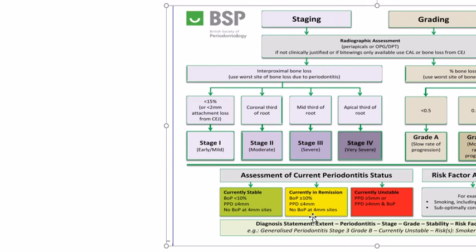For remission, bleeding on probing is greater than or equal to 10%, the pocket depths are less than or equal to 4 millimeters, and there is no bleeding on probing at 4 millimeter sites. And currently unstable, periodontal pocket depths are greater than or equal to 5 millimeters, or periodontal pocket depths are greater than or equal to 4 millimeters with bleeding on probing.